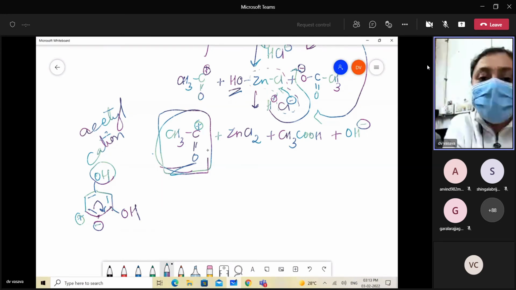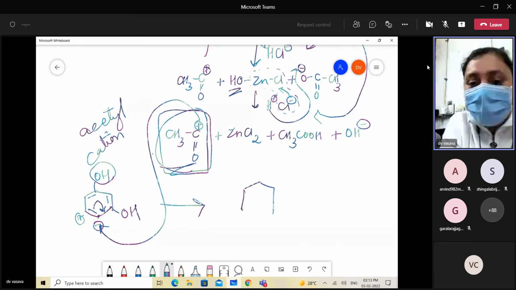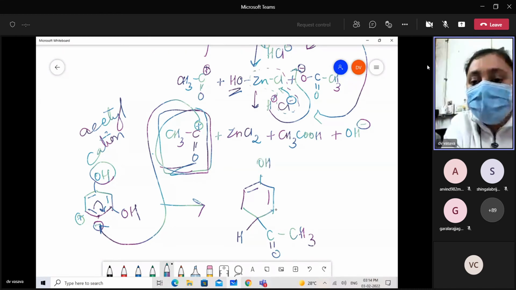Now this acetyl cation which we made will attack here, and we are left with our product where it is attached now. So it is CH3 double bond O. The OH is as it is.